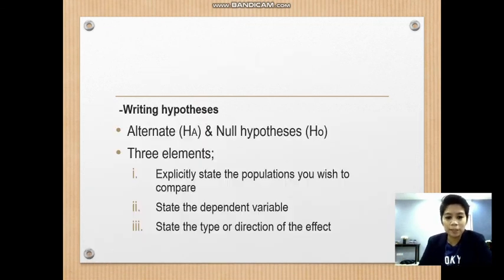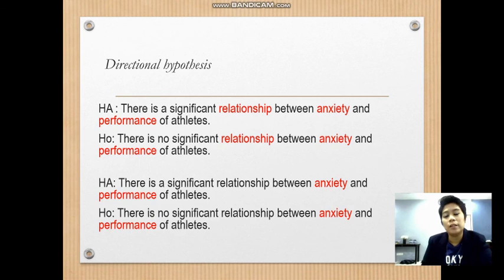So for the hypothesis, we have two types, alternate and null. The elements in a hypothesis: we have to state the population you wish to compare or see the difference of, state the DV, and state the type or direction of the effect. In our current course, we are using a directional hypothesis. It is very direct.